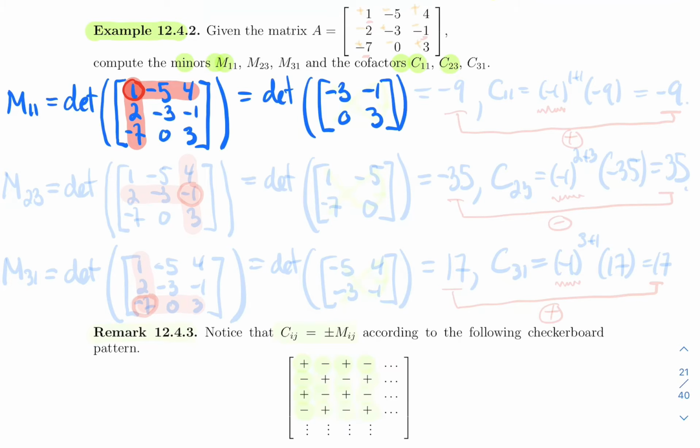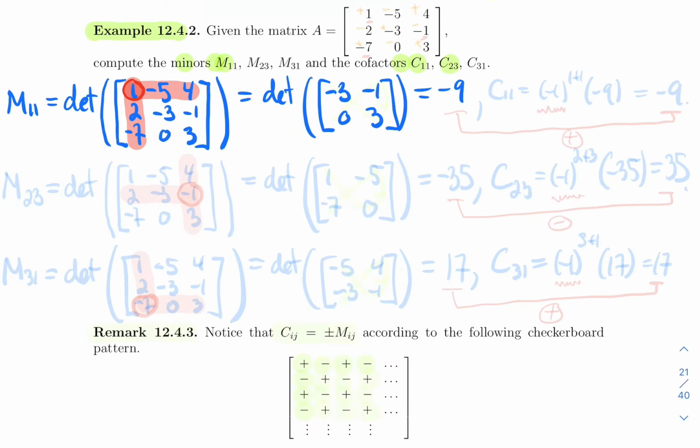And if you use the fish, you get minus 9 minus 0. So you're just getting minus 9.